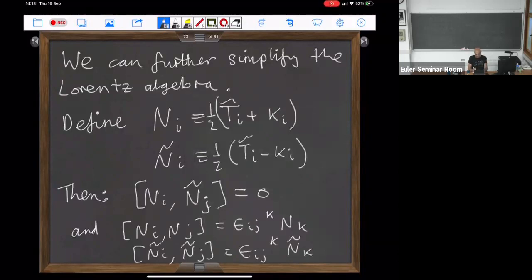So there's a further, quote unquote, simplification, which is another redefinition of the generators. Once you have an algebra, you're free to make linear combinations of the generators of that algebra, for whatever convenient purpose you may have in mind. It's still the same algebra, just written in a different basis.